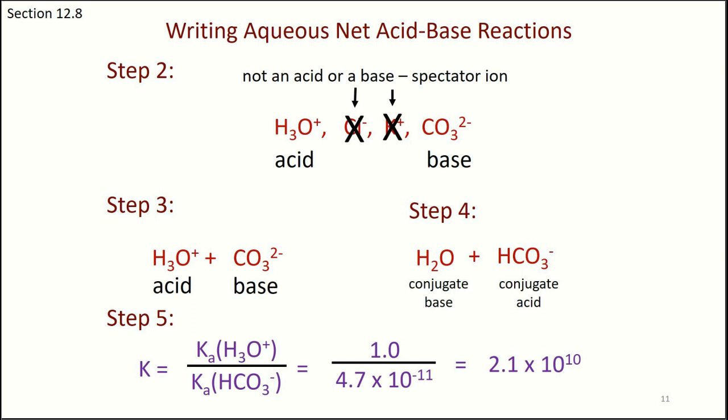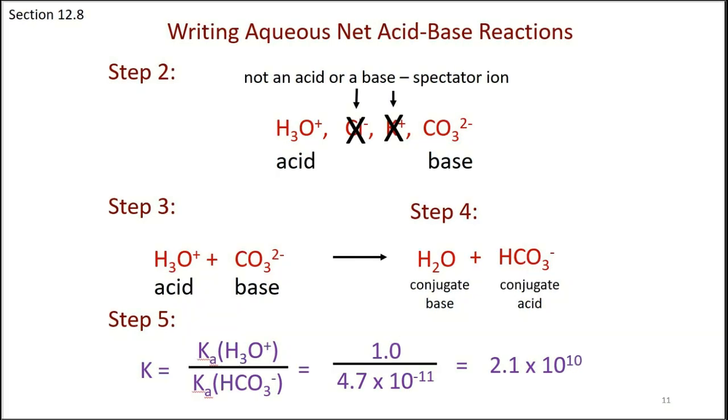When we do this calculation, we get a value of 2.1 times 10 to the 10 for the value of K for this reaction, which is greater than 10 to the third, so this reaction exists in the forward direction.